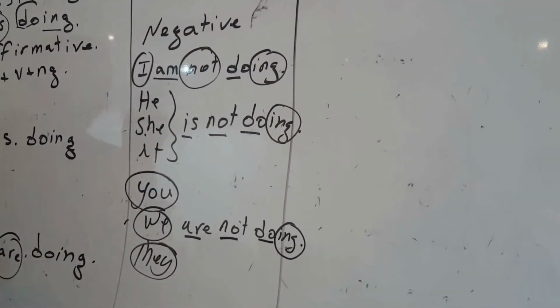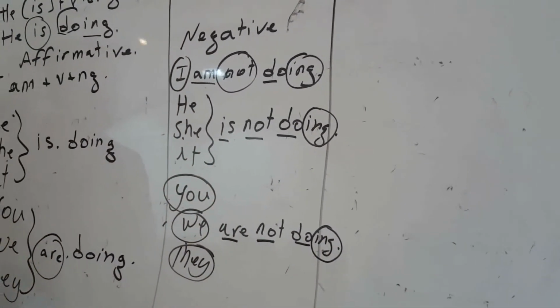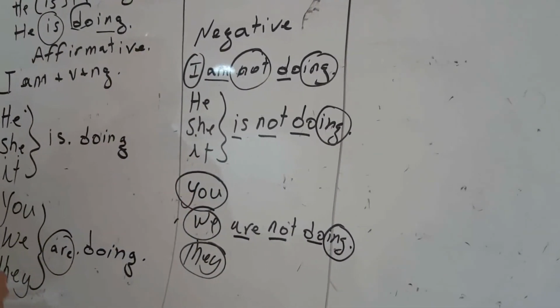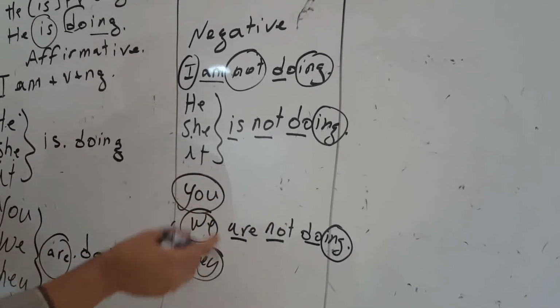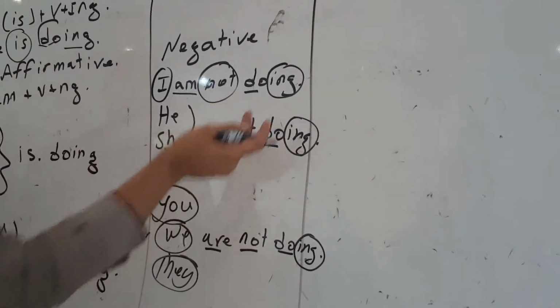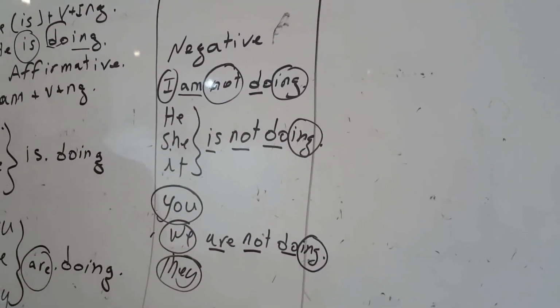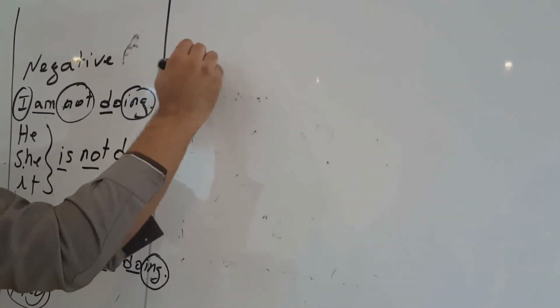We can replace it by another verb, such as to work, to travel, to play. You can use any other verb here, and you can understand the lesson through replacing the verb by another one. Alright, so now we move to the interrogative form.